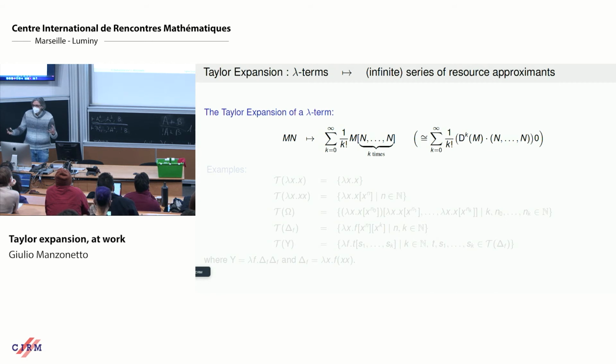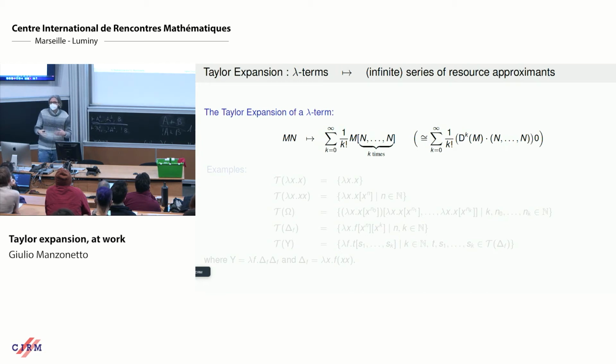OK, so now we can define a Taylor expansion that will be an operation taking a lambda term and giving a power series of resource terms. So the idea is that in an application, m applied to n, we are going to take m and apply it to k linear copies of n.